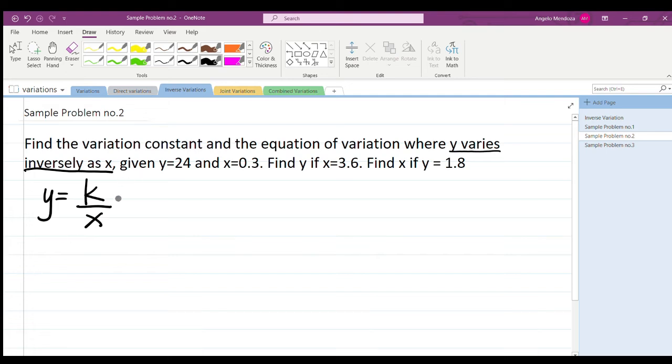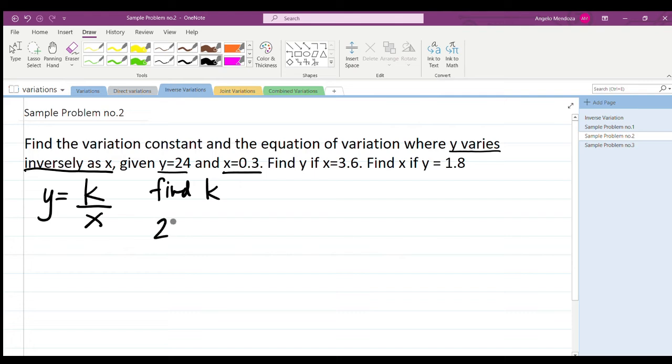The next step is again to find the constant, which is our k, using the given values y equals 24 and x is equal to 0.3. You just substitute or plug in the values of x and y.